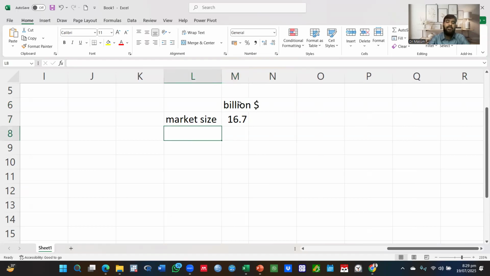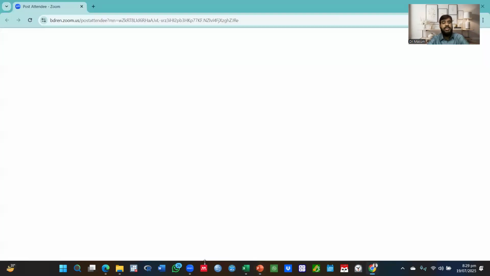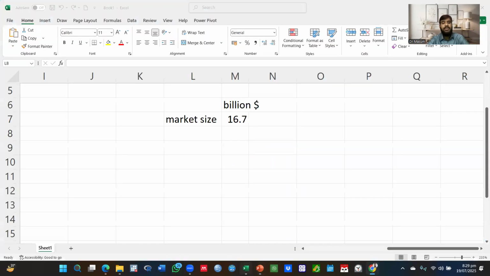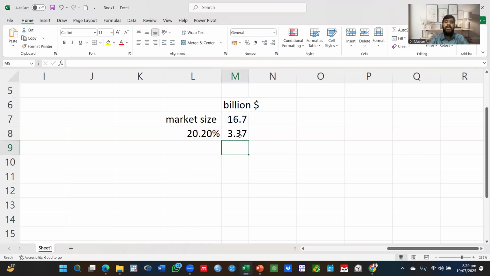16.7 billion, and your Marx share is 20.2%. So 20.2% means what? 20.2% means your amount of sales is 3.37 billion.